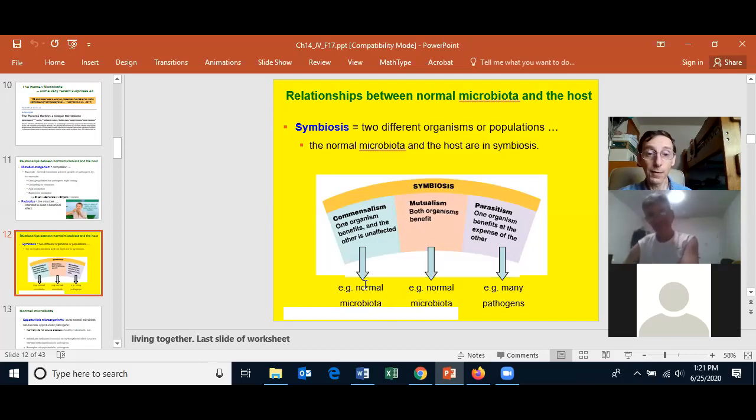If the normal microbiota is commensalistic, that means one organism is benefiting and the other is unaffected. I'm trying to think of an organism like that, and it's kind of hard to think of one that gives no benefit to us.